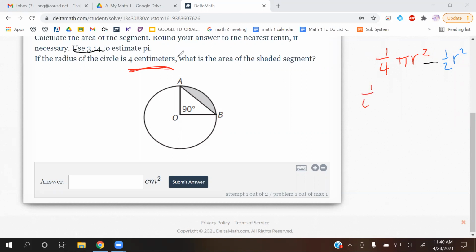Let's plug it in. 1/4 pi 4 squared, because r is the radius. So r gets replaced with 4 minus 1/2 r is 4 squared. Let me type that in the calculator.